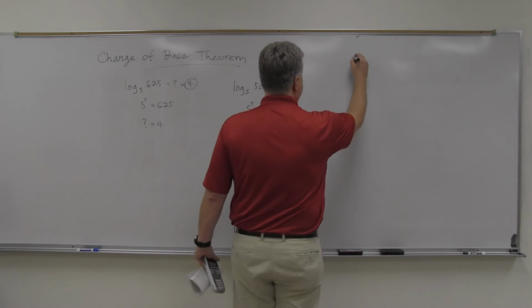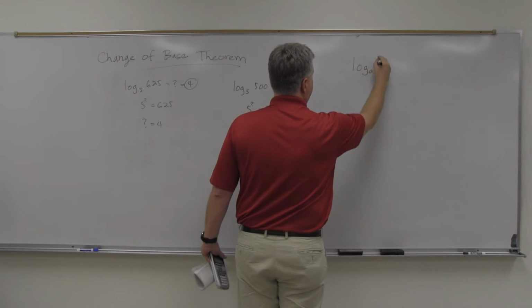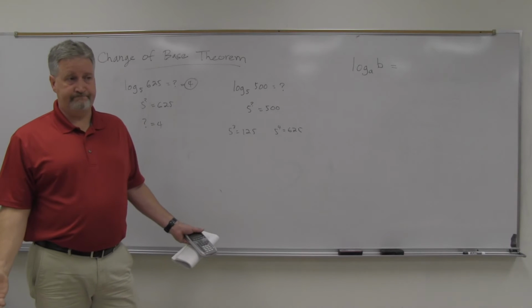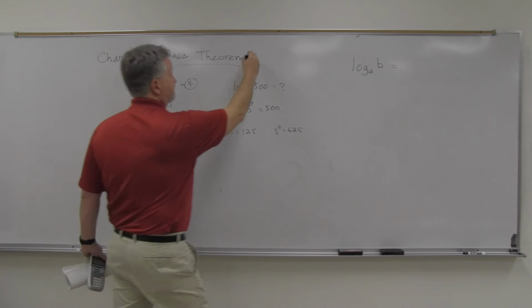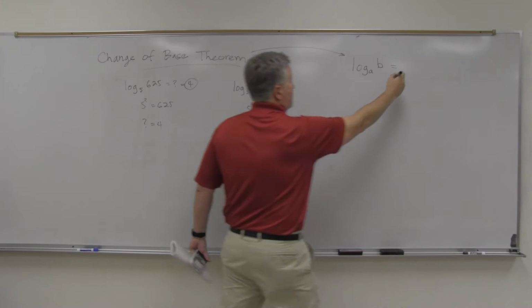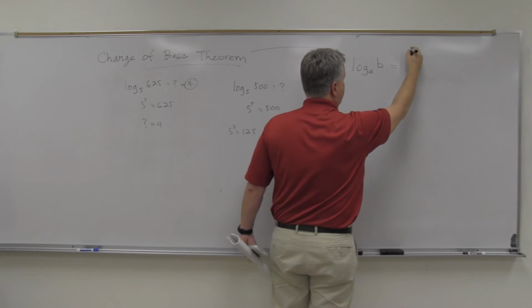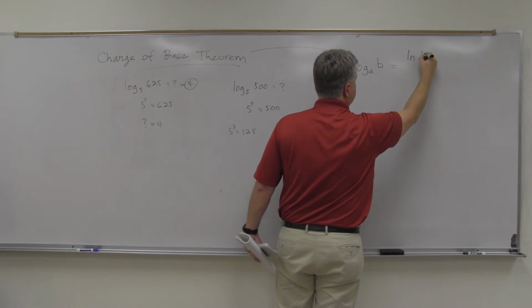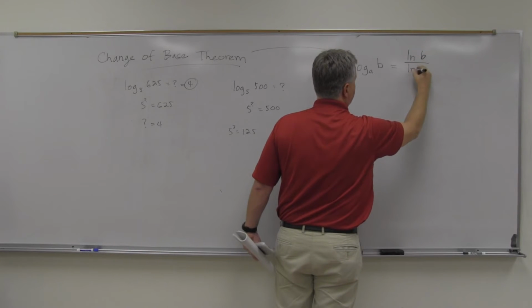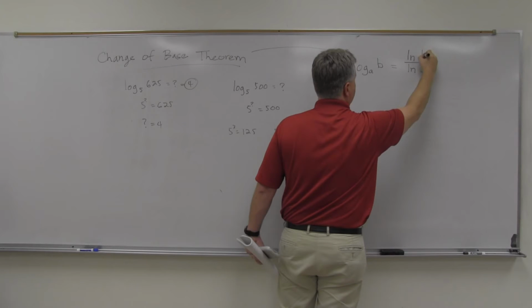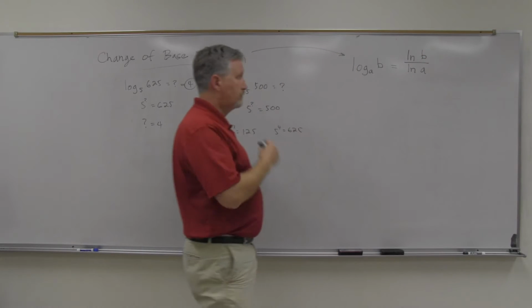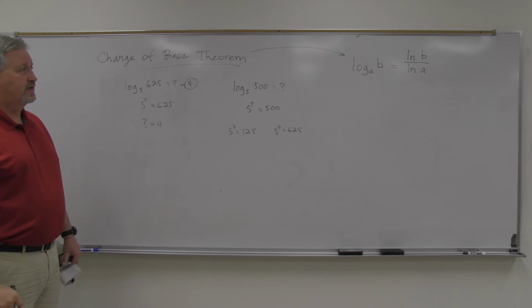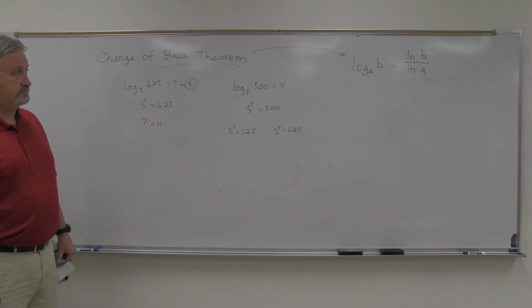If I have log base A of B, I can evaluate that with this change-of-base theorem, and you can use any base you want. Log base A of B equals the ln of B over the ln of A.